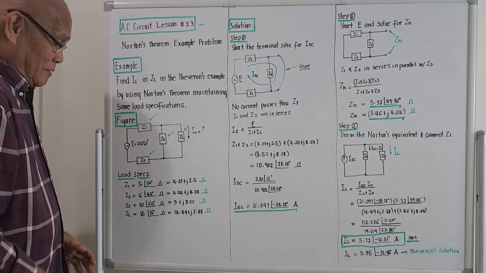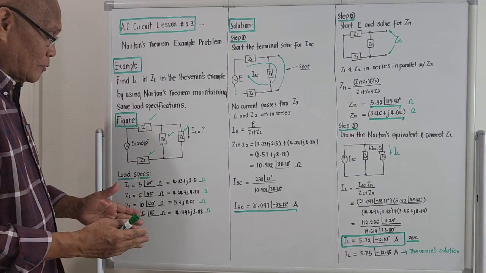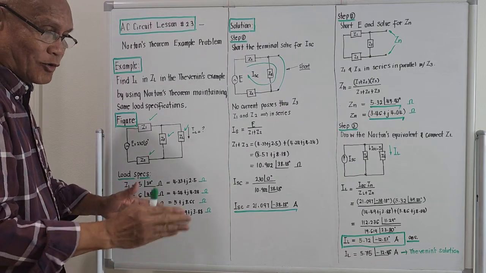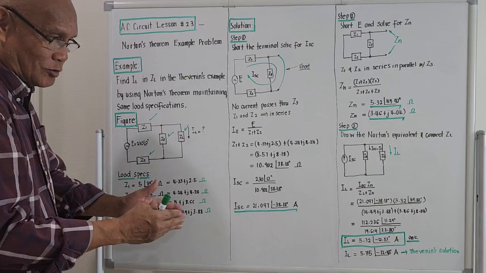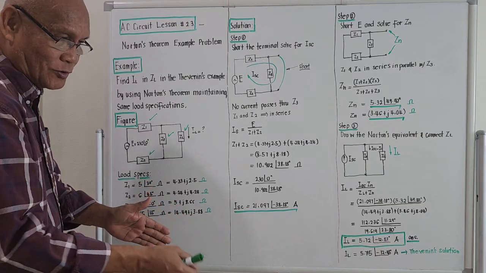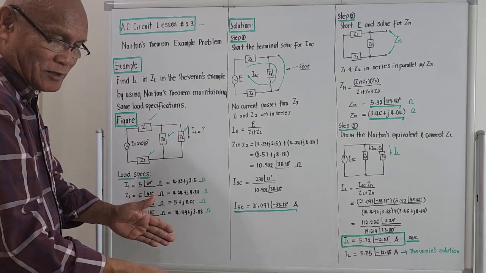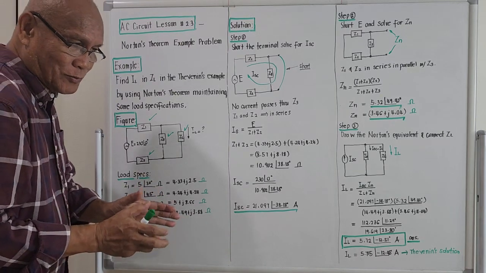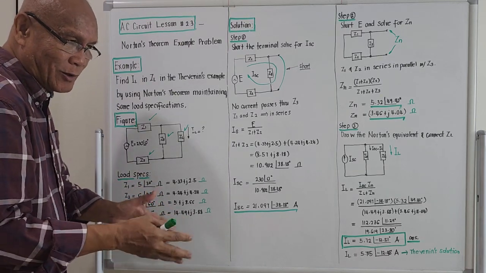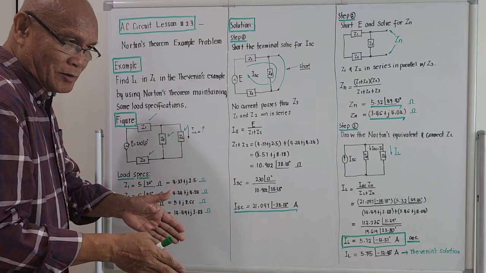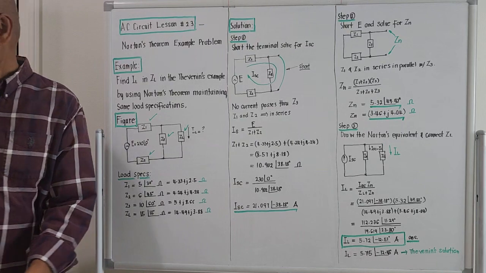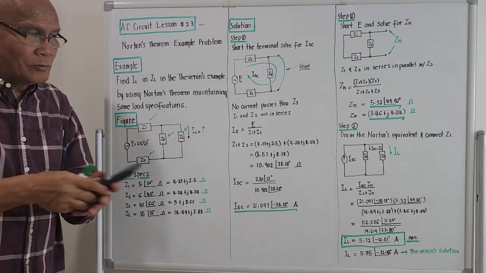Okay? Let's try to bring out the rectangular equivalent of all the impedances. So when we go in the computation of the impedance that we need, we are ready to bring out the rectangular equivalent. So to make the solution simpler, we will just be using our calculator.